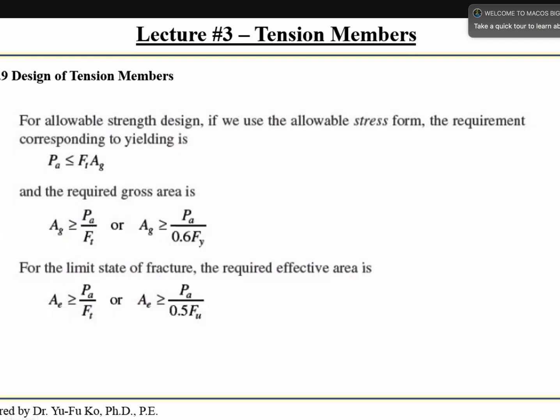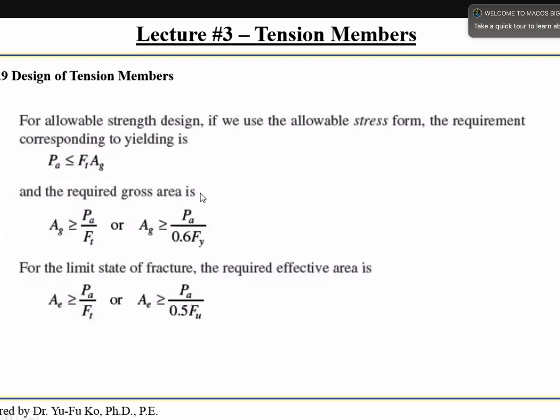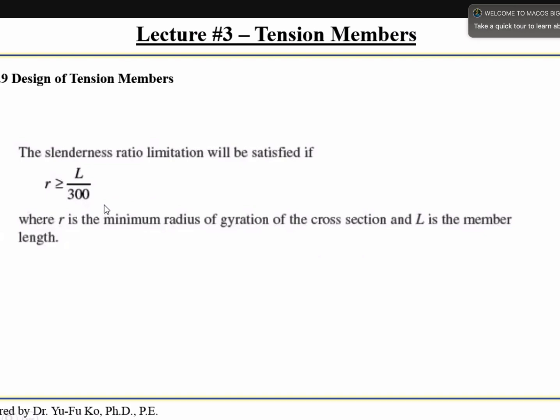No, sir. Okay. Now, for slenderness ratio, there's a limitation you need to satisfy. Your minimum radius of gyration should be bigger or equal to L over 300. So this is a requirement.